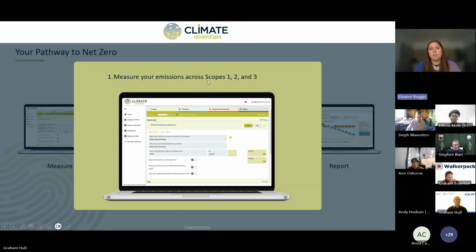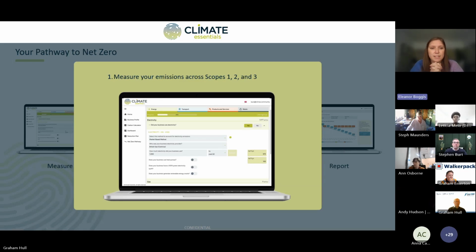So how we've split it out is into 4 sections. You don't need to worry about what goes into which scope. You're just going to look at your energy, your transport, your products and services, which is all of your Scope 3, which Graham spoke about. And I'm going to speak a bit about that later with regards to supply chain and waste.